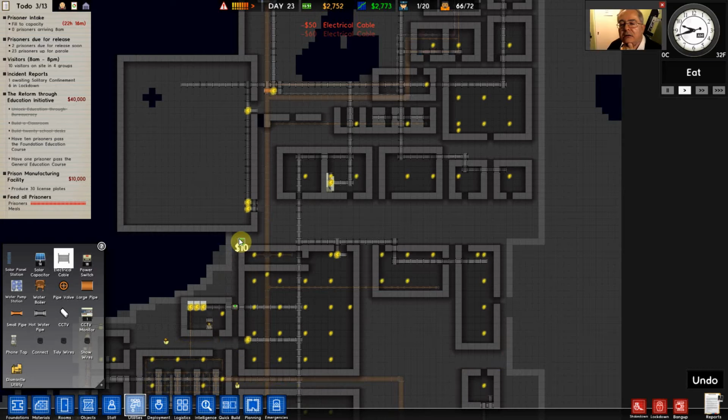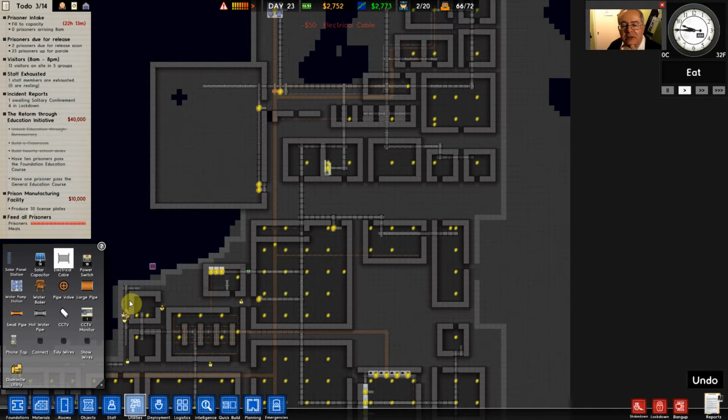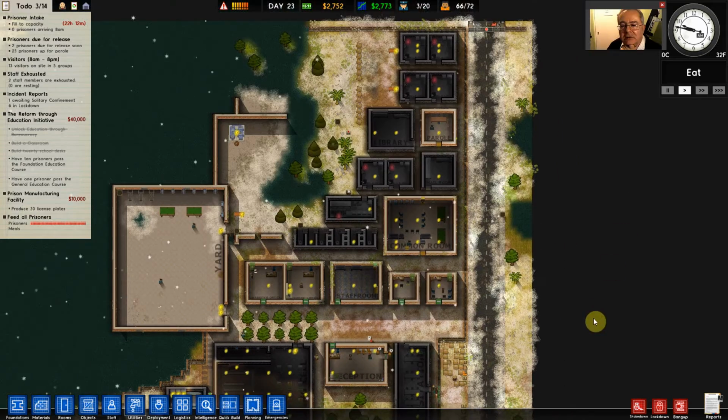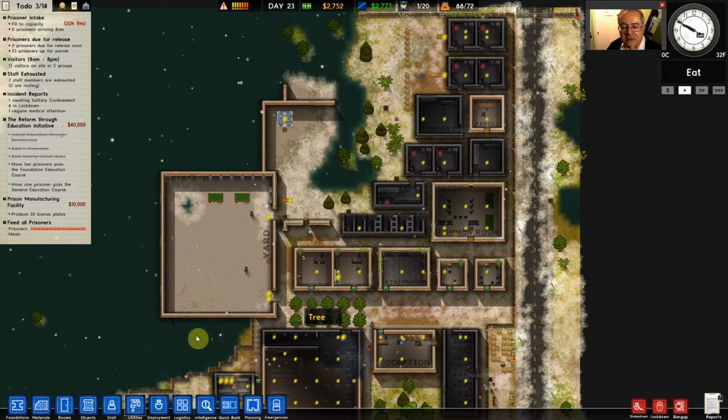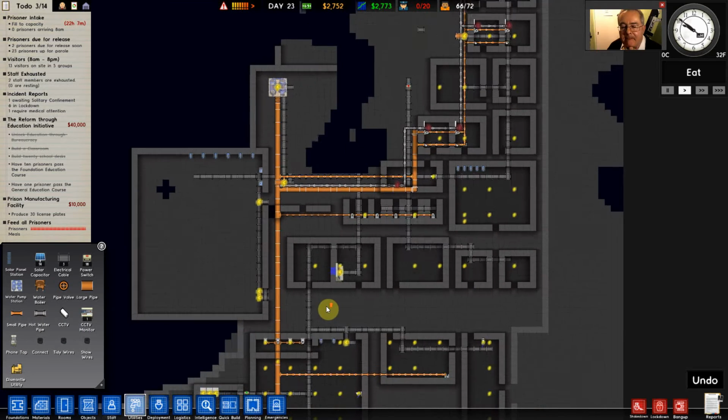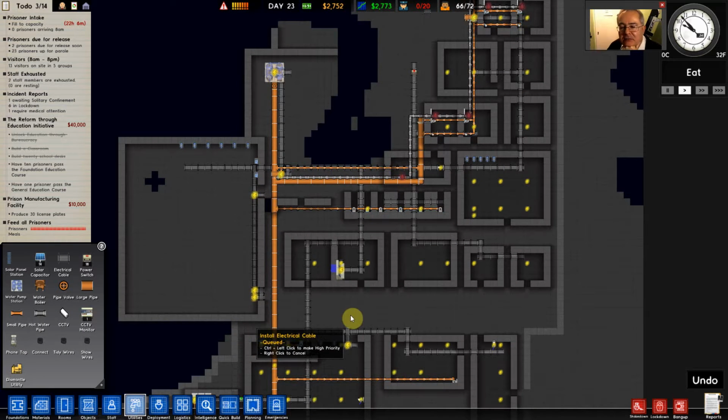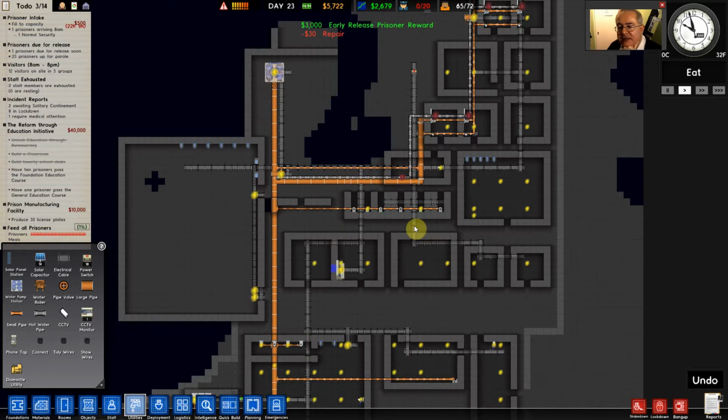Actually, you see this cabling up here. Just have a closer look. Oops. I'm up to here now, so I can cut off these offices if I put power switches here and here. Just connect up to this.